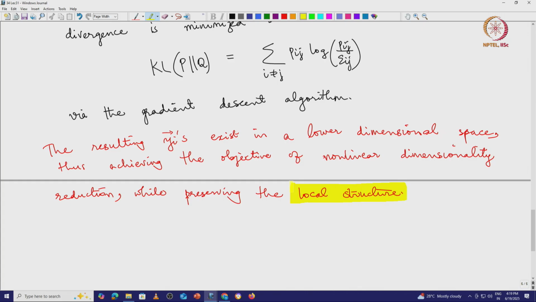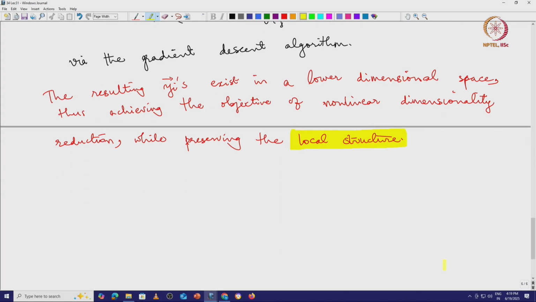So the points which are closer will remain closer, and the points that are farther, you typically expect them to be farther, but that is not necessarily true when you do t-SNE. So that is why other more complex nonlinear dimensionality reduction techniques such as UMAP have been developed. So that is where our discussion takes us to.